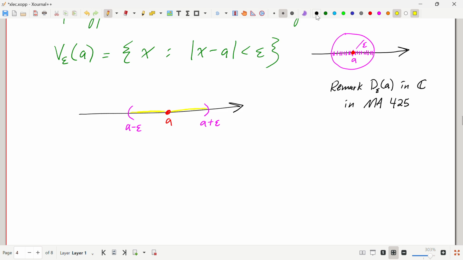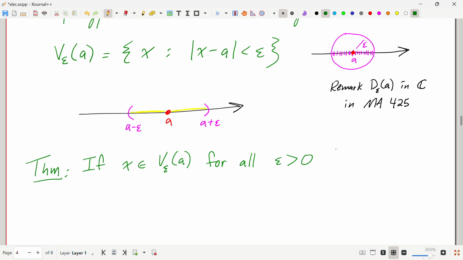Well, there's this theorem that the book does right away here. If X is in a little epsilon neighborhood of A for all epsilon, when I say all epsilon, I'm thinking no matter how small.